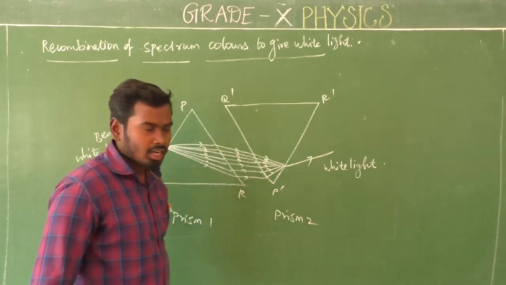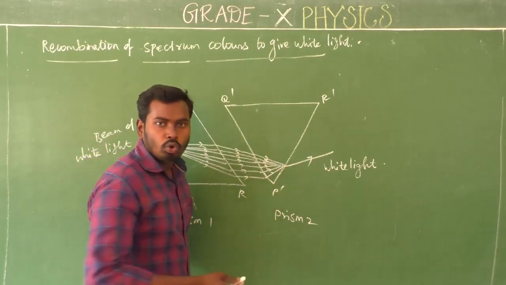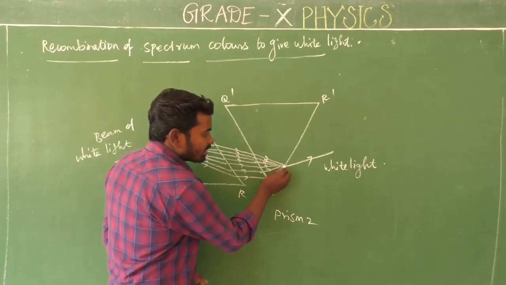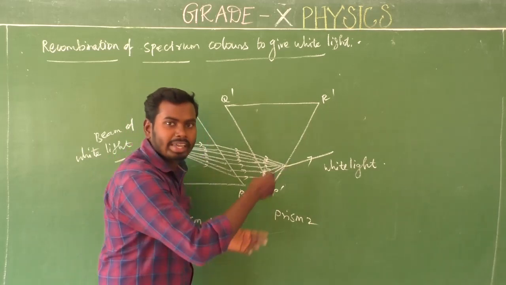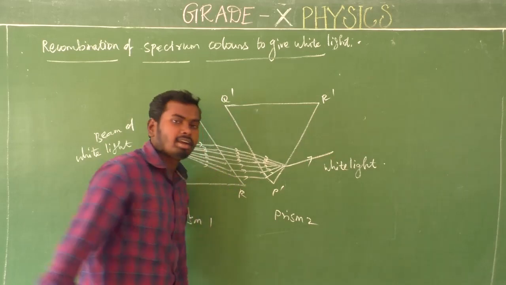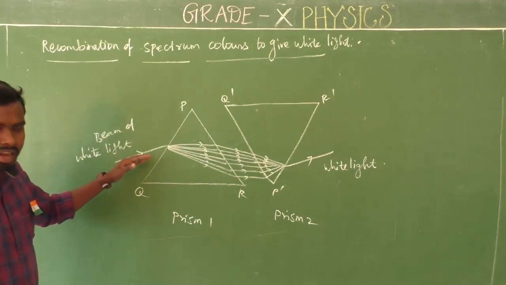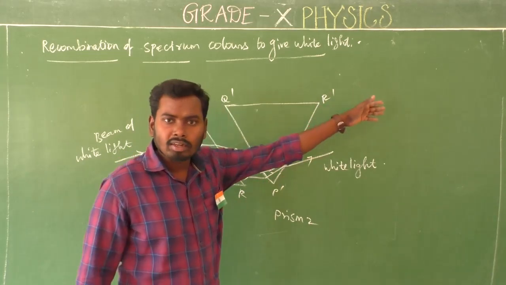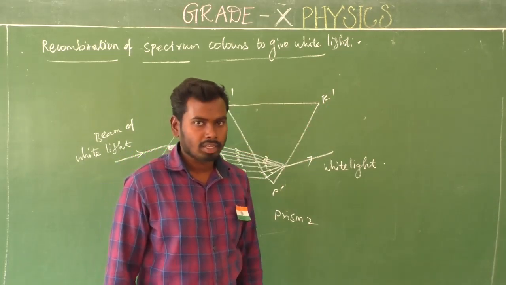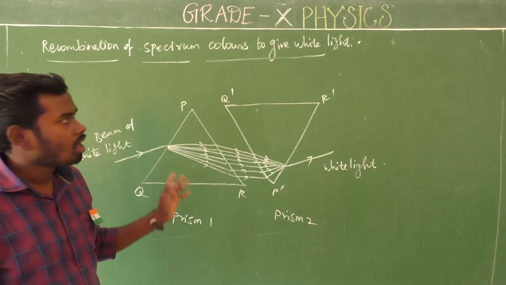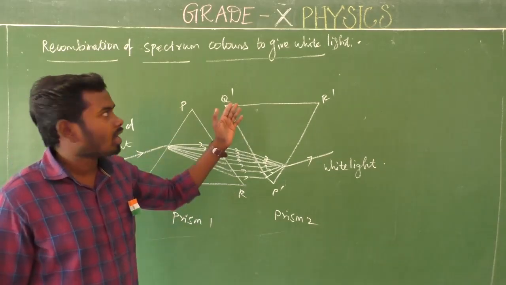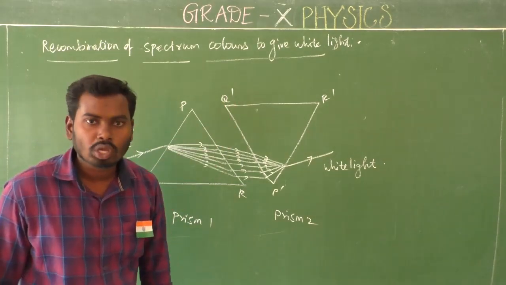So due to recombination, the second prism gives out only white light. Actually, we are allowing white light, and the second prism gives out white light. Is it clear? So this process is called recombination of spectrum colors to give out white.